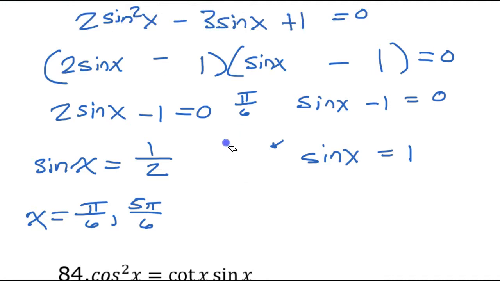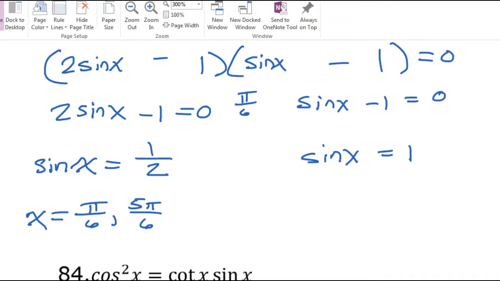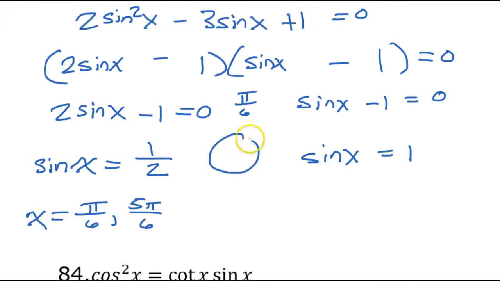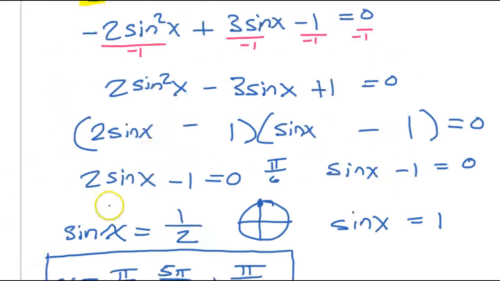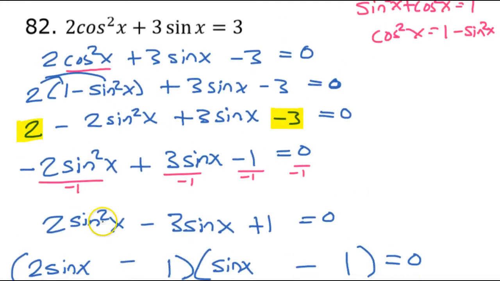Well, that's going to be a quadrantal angle. It's going to be one of these. Sine is a y value. The y value is 1 at the very top. So that's why we're going to add pi over 2 to the list. And that's it. These are the 3 solutions to this problem. Okay, and that was number 82.